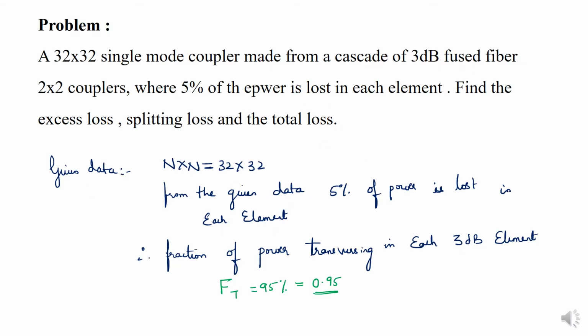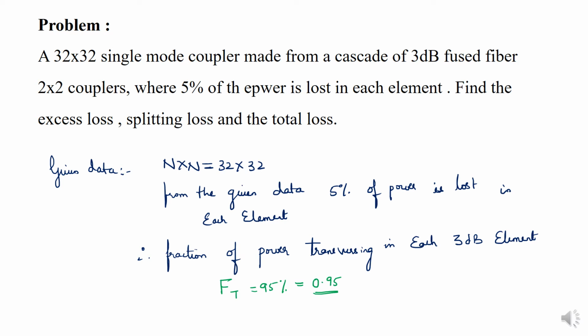Let us see one important problem on n cross n couplers. A 32 cross 32 single mode coupler is made from a cascade of 3 dB fused fiber 2 cross 2 couplers, where 5% of power is lost in each element. Find the excess loss, splitting loss and the total loss. So this is the given problem.